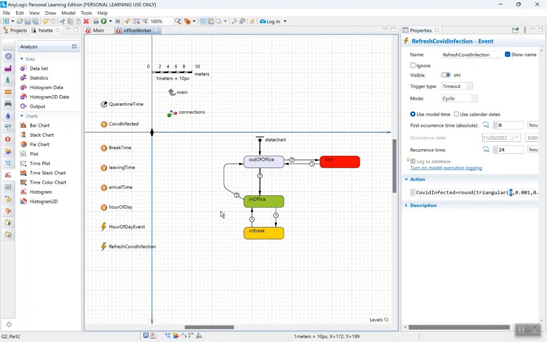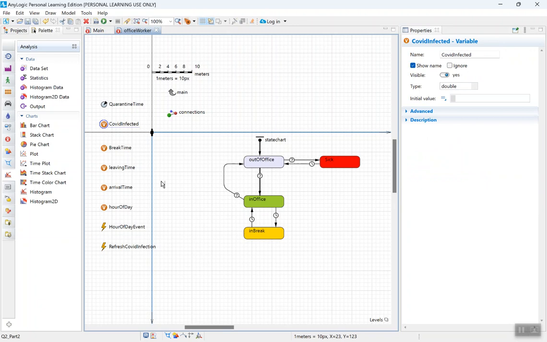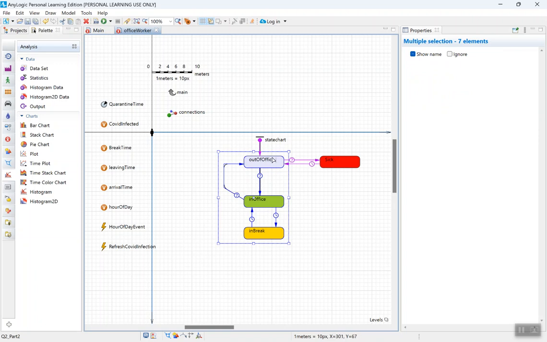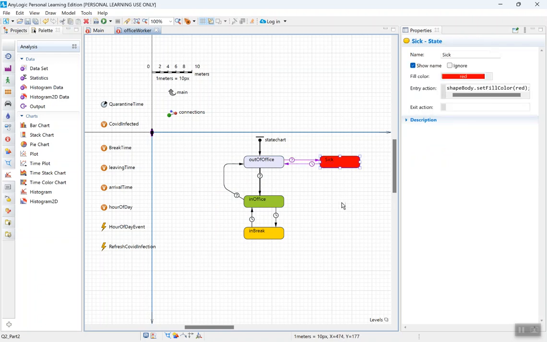So if an agent is assigned a 0 value for the COVID infected variable, this means that he is not sick, so he should be passing through these different states. But if an agent is assigned any value other than 0, this means that they will be in the sick state. So let's take a look at this model.